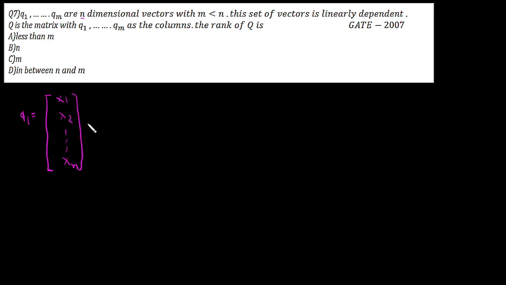So here I have m vectors like this. It is given that the number of vectors, which is m, is less than the number of entries in any particular vector, which is n. So the condition is that m is less than n, the number of entries in any vector q.